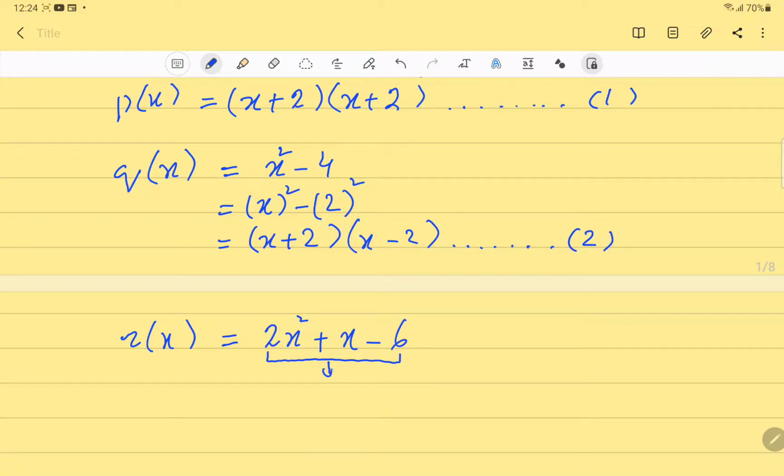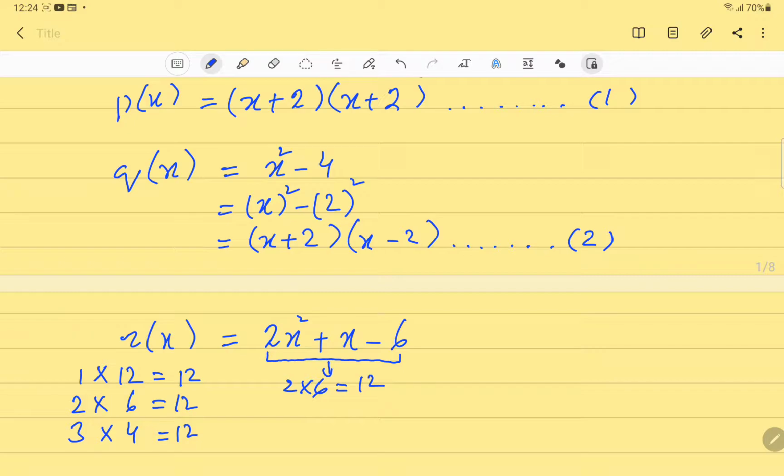What we get in this case is 12, so 2 into 6 is equal to 12. Now we will make all the pairs of factors of 12. The first one is 1 into 12 is equal to 12. Second is 2 into 6 is equal to 12, and the third is 3 into 4 is equal to 12.